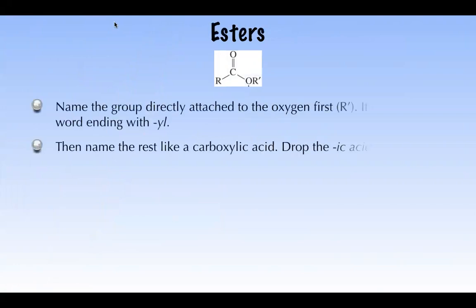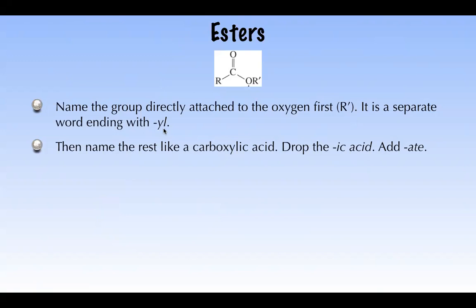And here should be my beta-bromo-valeric acid. Woohoo! All right, here are the esters. Remember that an ester has that carbonyl O in the middle, but it has carbon-hydrogen groups on both sides. So the first thing you're going to do is name the group directly attached to the oxygen first. In our little schematic up here, it's the R prime. It is a separate word ending with -yl.